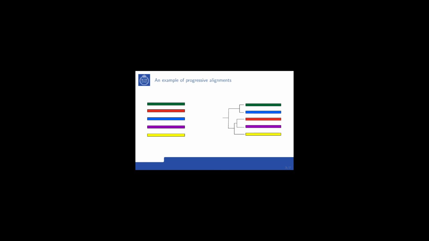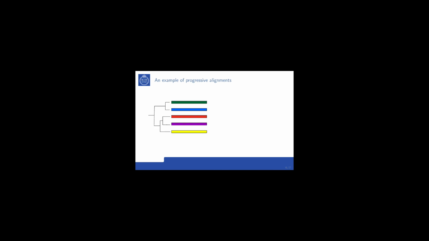So in this case, the green and the blue sequence seem to be most similar, and hence we can use this information to align the green and the blue sequence to each other. This will introduce a couple of inserts and deletes in the sequence alignment, but now replace the green and the blue sequence with this alignment. So instead of 5 sequences, we have now 4 sequences.